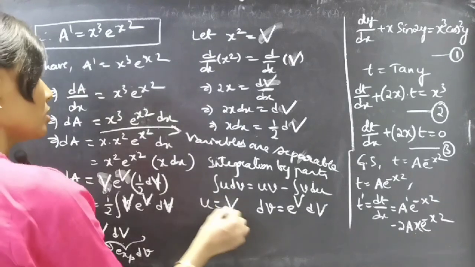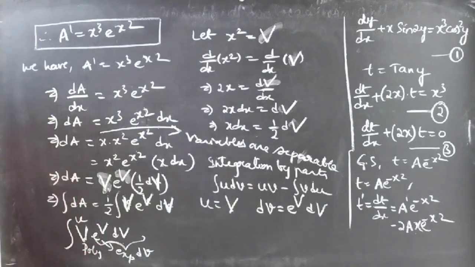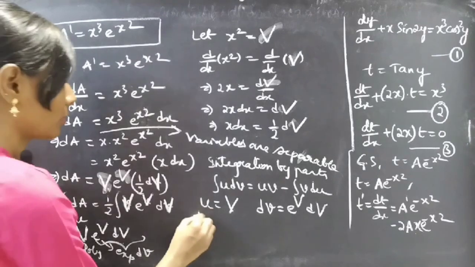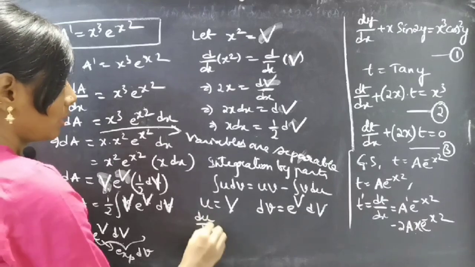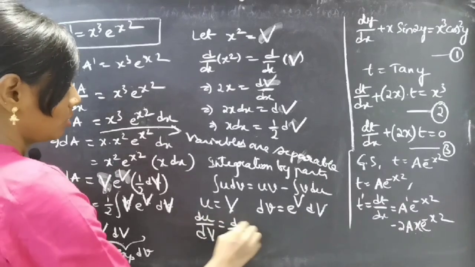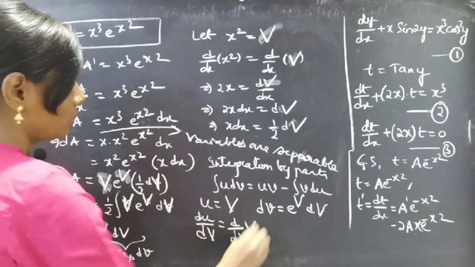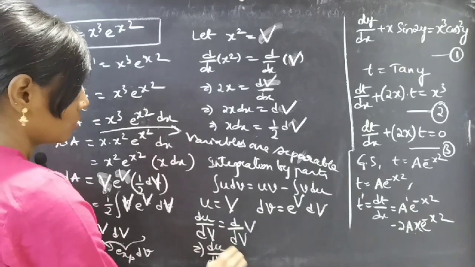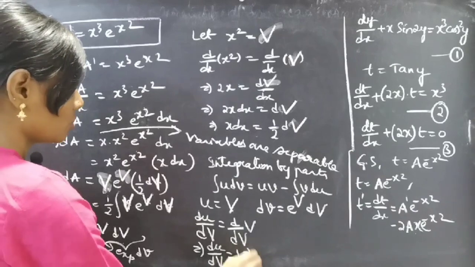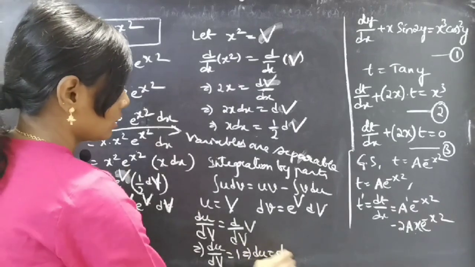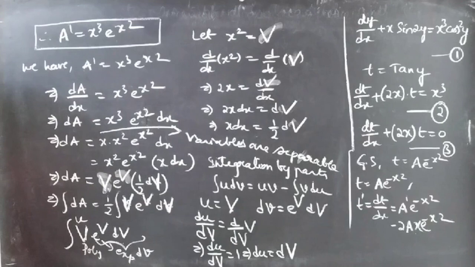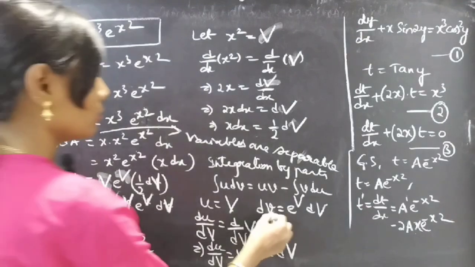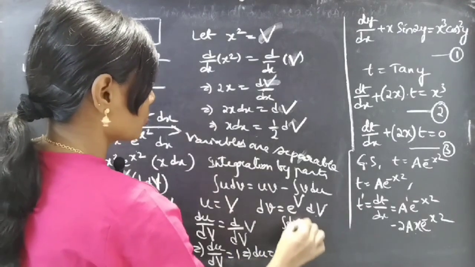Just differentiate with respect to capital V, then we'll get du by dV equals the derivative of capital V with respect to v, which is 1. From this we'll get du equal to dV. Okay, and here we'll integrate on both sides.